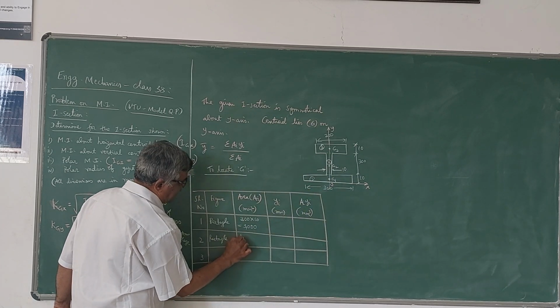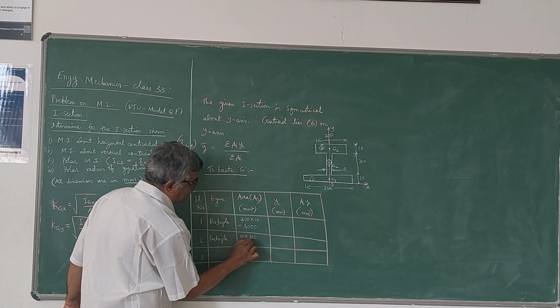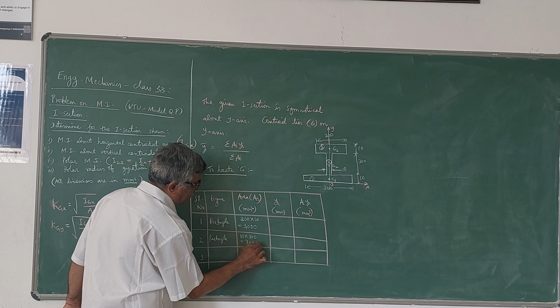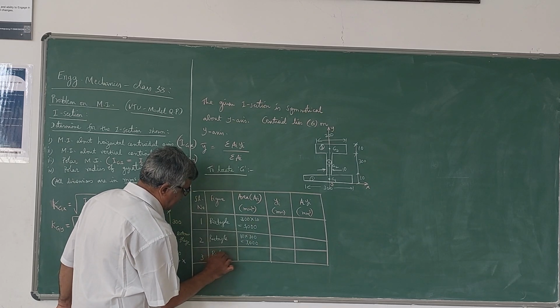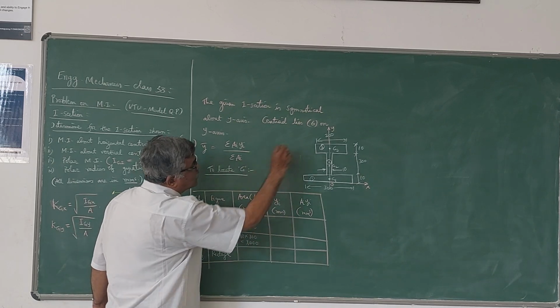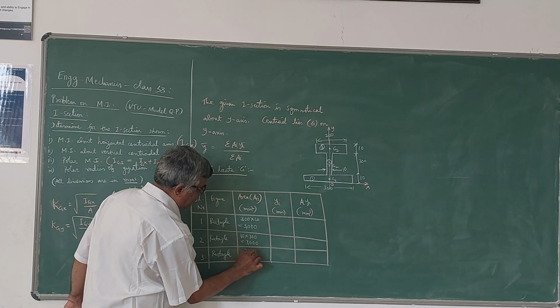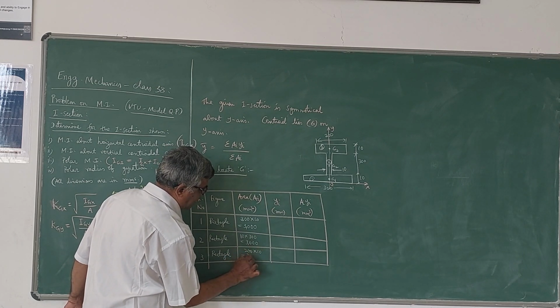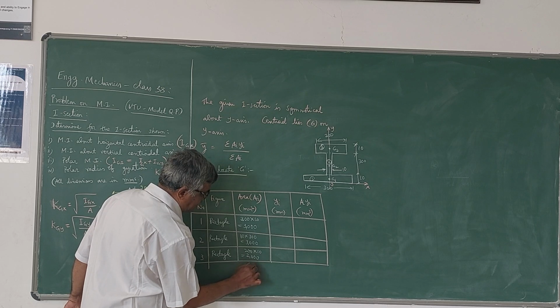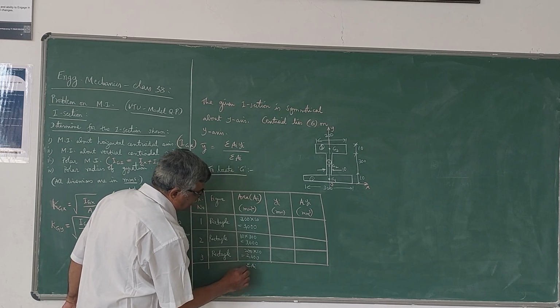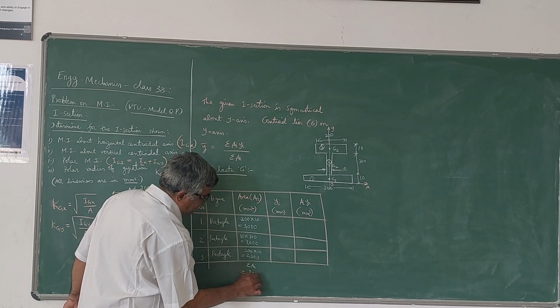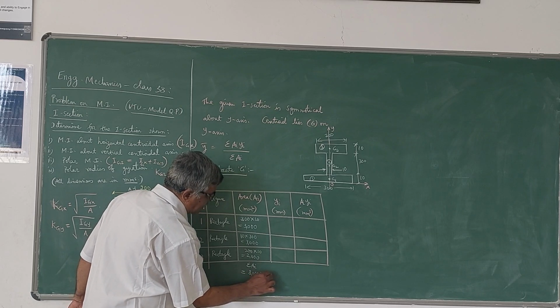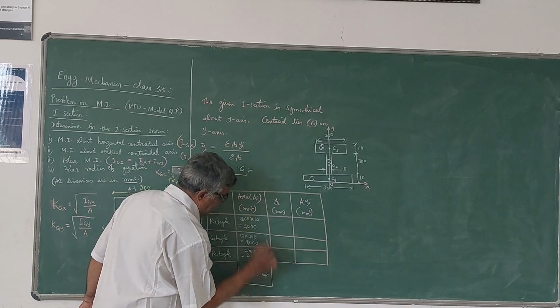Its area is 10 into 300, that is also 3000. The third one is also a rectangle whose area is 200 into 10, that is 2000. Add these and you get sigma Ai: 3 plus 3 plus 2 is 8000. 8000 millimeter square is the value of sigma Ai.